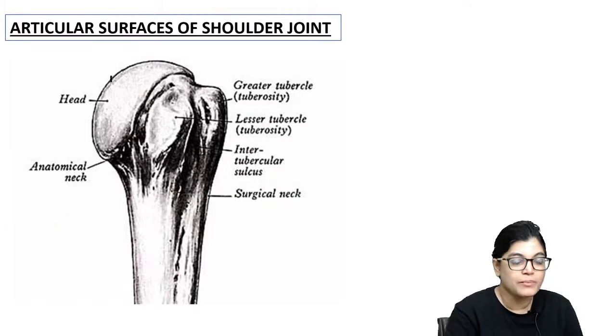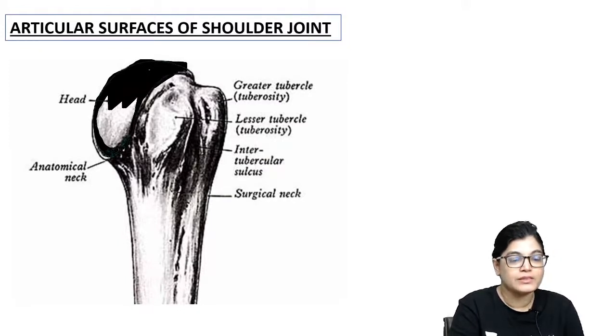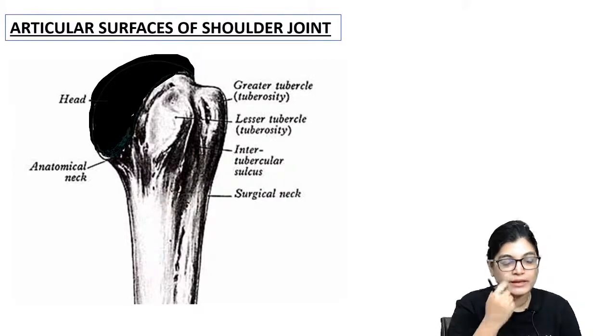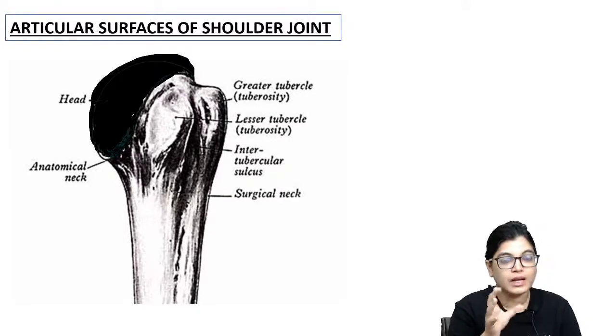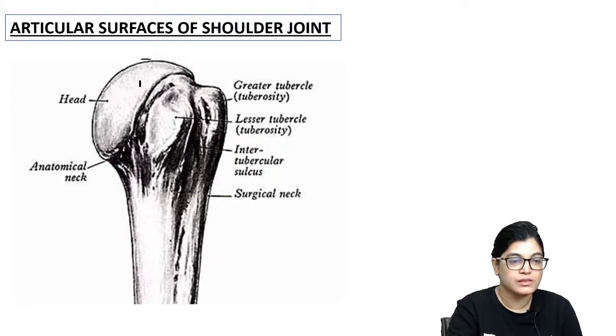What you can appreciate here is the head of the humerus. It is almost circular, not a complete sphere, but when I highlight this part it becomes an almost spherical structure, and it has to accommodate with the glenoid cavity, which is quite shallow. You can appreciate it is a very rounded structure.